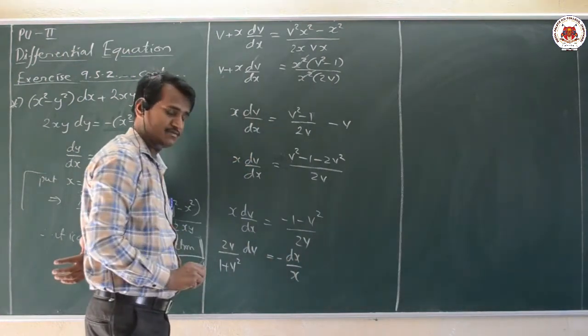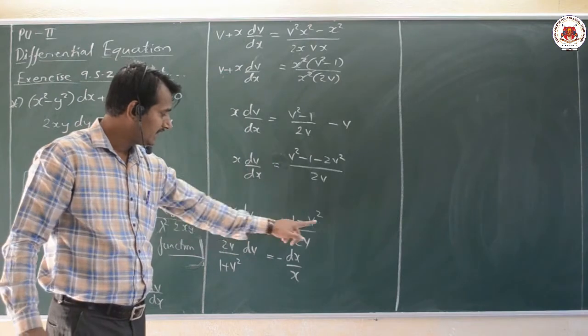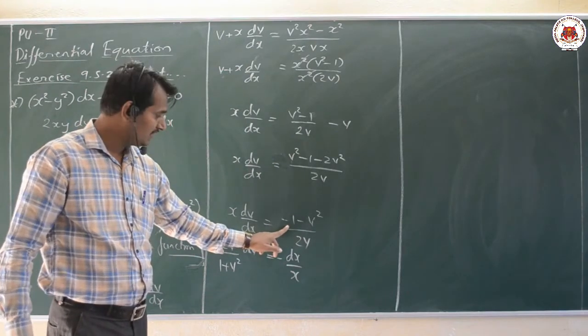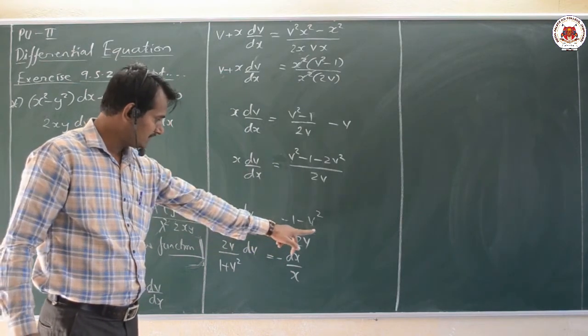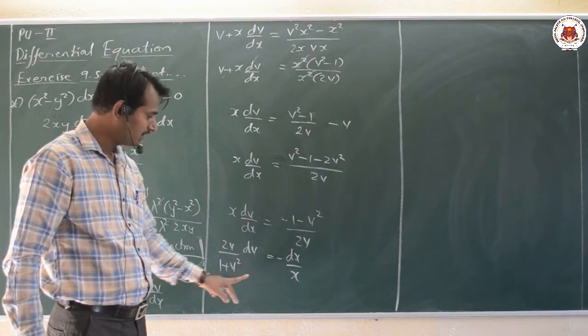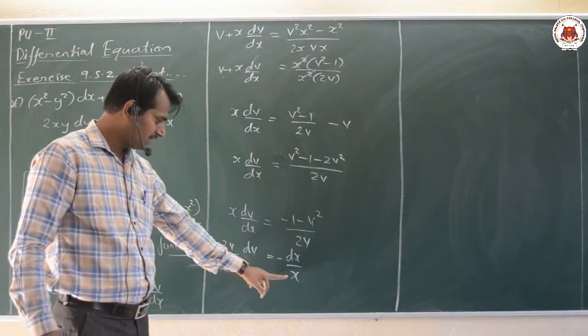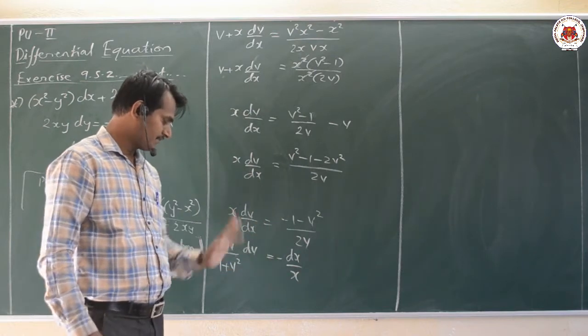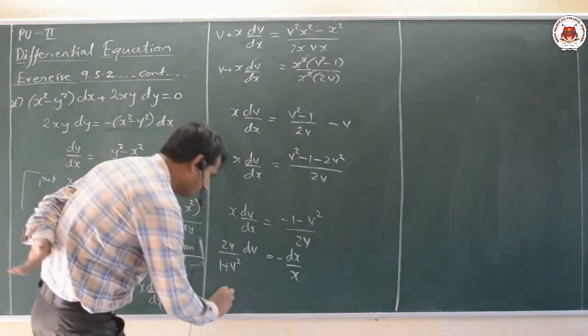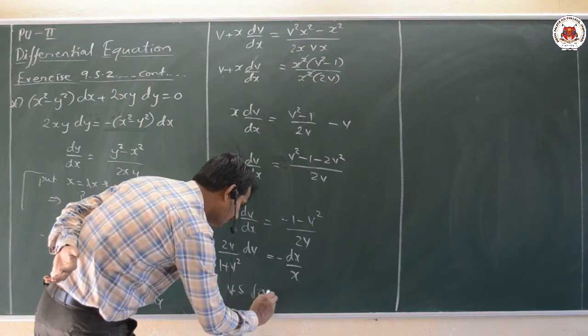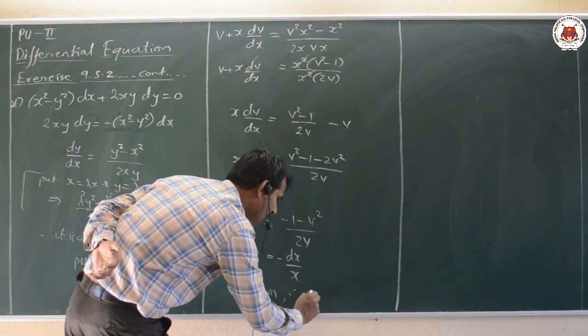I am taking the minus sign outside first, with 1 plus v square shifted to the denominator, 2v, and then x and dx. Now we will integrate, since it is in variable separable form.